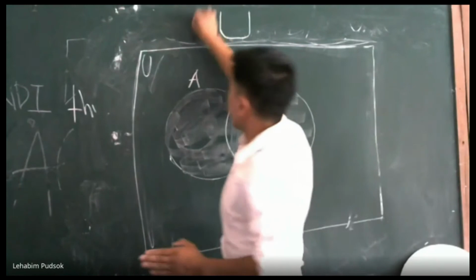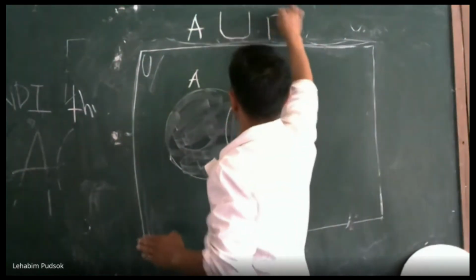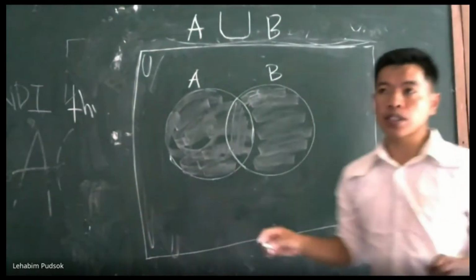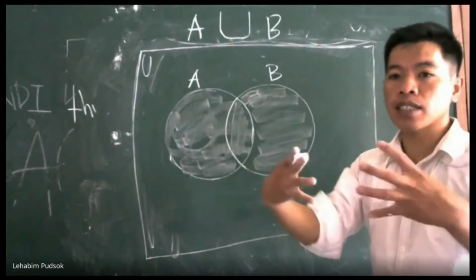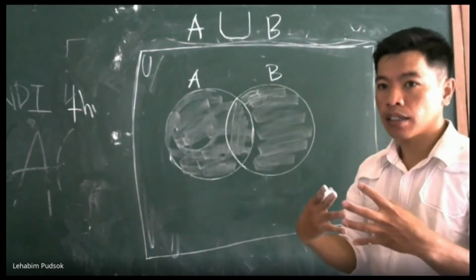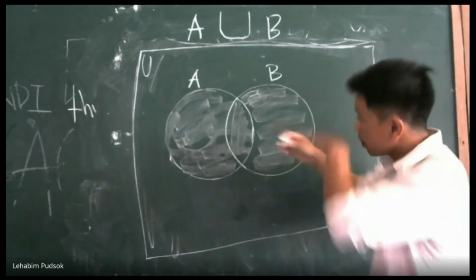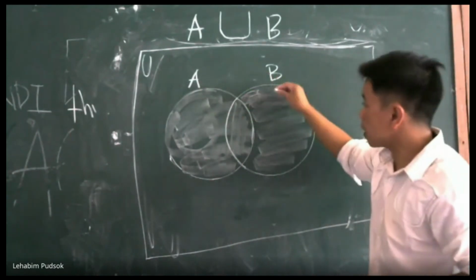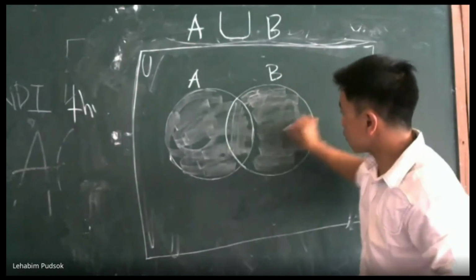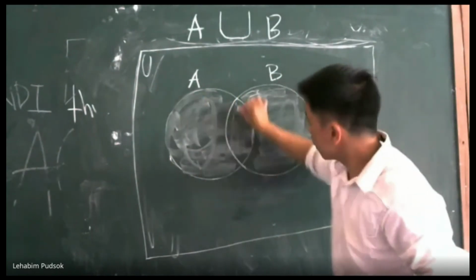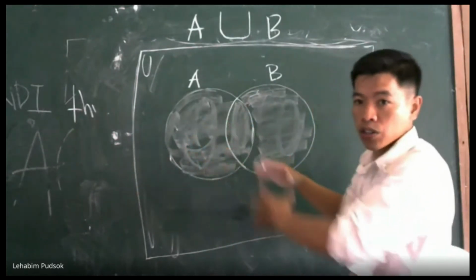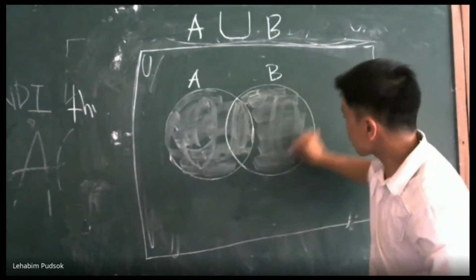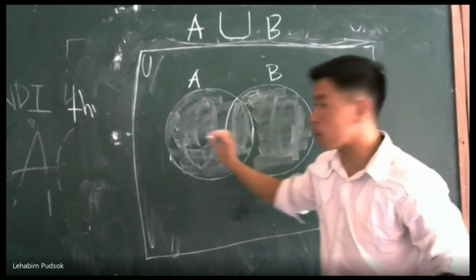A union B. What did we say about union? Union means all the elements will combine. Meaning A union B, the elements here plus the elements here plus the elements here are united all together. That is why there is a shade. That is the use of shade.